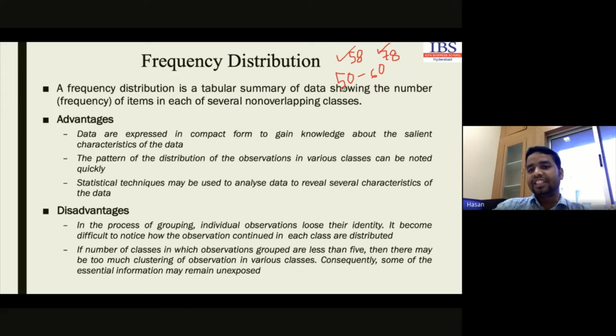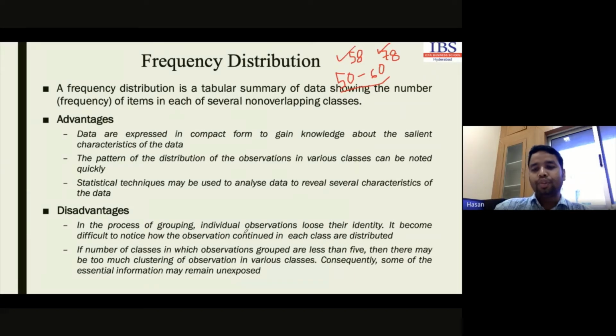Okay. So in that case, another disadvantage is regarding the group length. If we are having too many groups, I already told you, too many groups will again create chaos. And if we have too few groups, then again we are going to lose the proper identity. So we'll have to select the proper number of groups. If our number of groups is less than 5, then there may be too much clustering of observations in various classes.